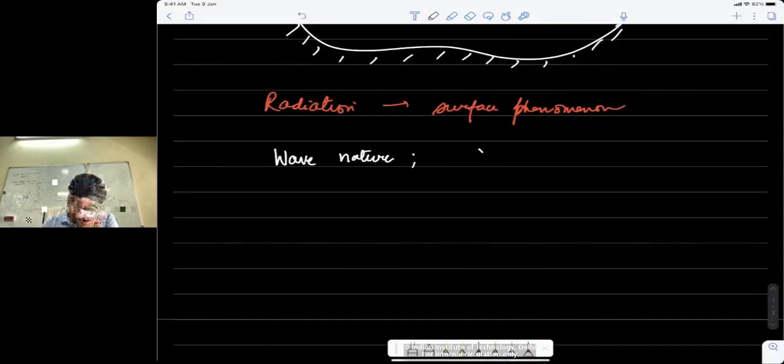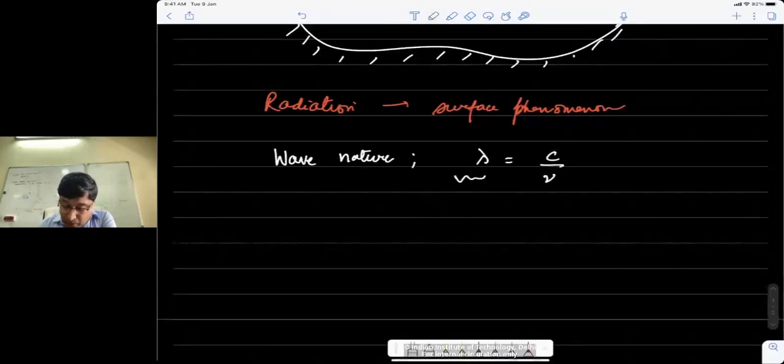So we can use wavelength as one parameter, and wavelength can then be written in terms of the frequency. So typically we use the standard equation which relates wave properties, the wavelength and the frequency.